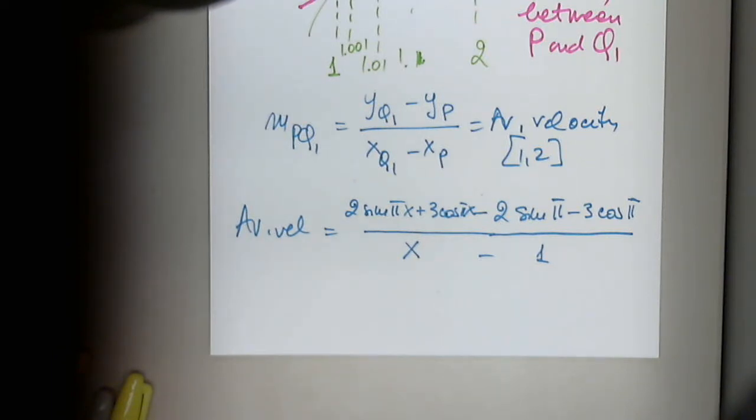So the slope between Q1 and P, what is it? 6. Or the average velocity between Q1 and P. What is the average velocity or the slope of the secant line between Q2 and P? What is the slope between Q3 and P? And the slope between Q4 and P. If you don't trust this, and I wouldn't, what would you do now?